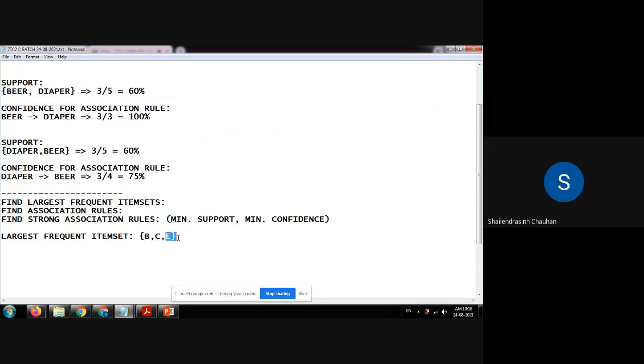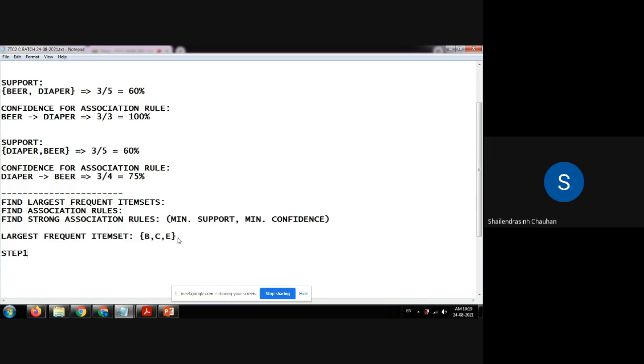Currently, we are having only one largest frequent item set, so we'll find the rules based on this. Right now we are discussing how to find association rules, and it is based on the largest frequent item set, which we already discussed previously. If in the exam they give you a table, minimum support and minimum confidence, then you first find the largest frequent item set, and then from it you find the rules.